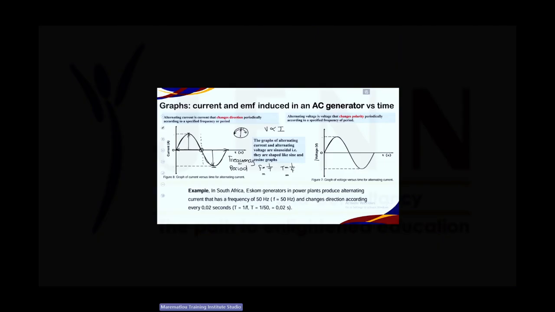So 1/50 equals 0.02 seconds, which means that for this whole wavelength on the voltage over time graph to be completed, it only took 0.02 seconds. That is also the type of calculation you are supposed to remember from grade 10.